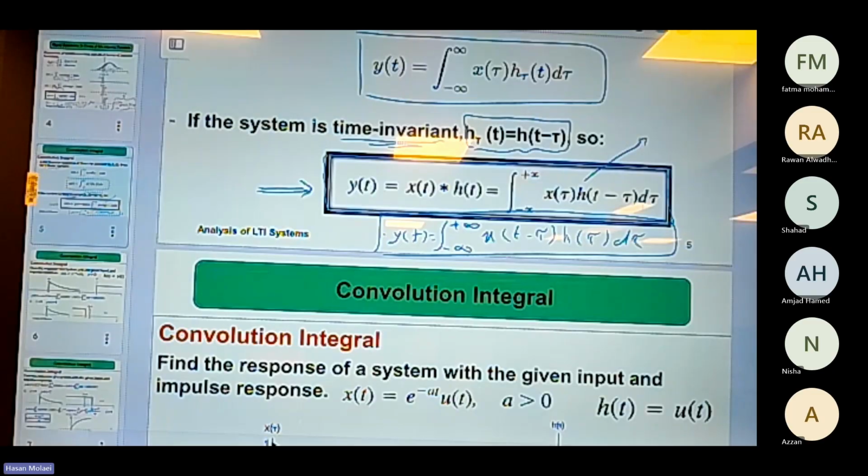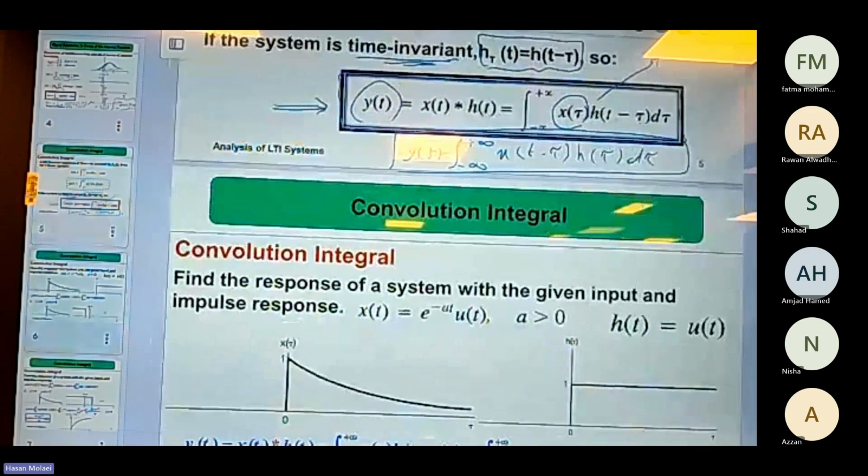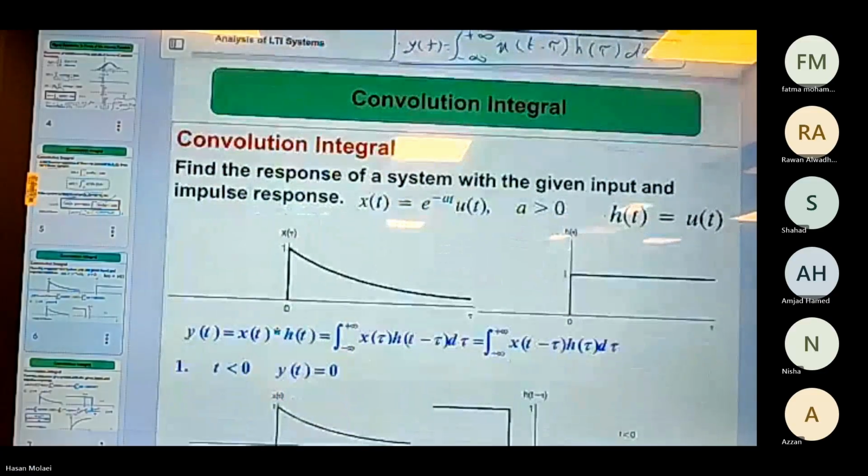If you have an impulsive one, it doesn't matter what the edge is. You can find an edge for any. It would be the convolution of x(t) with the impulsive one.